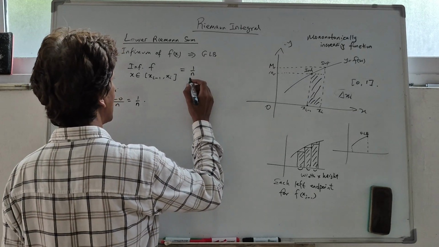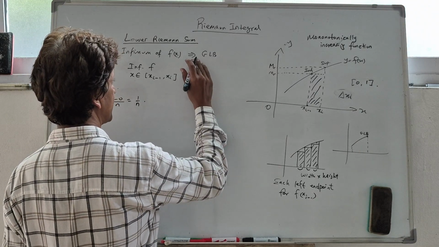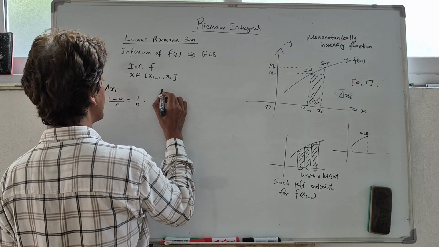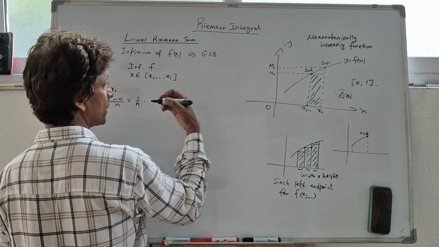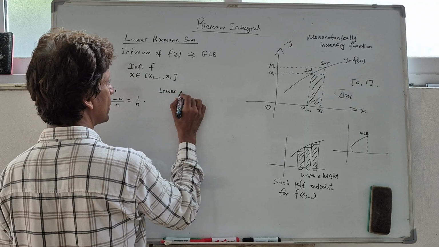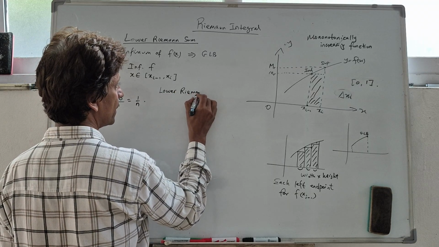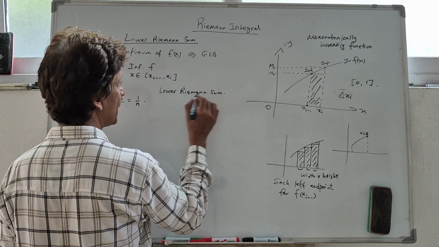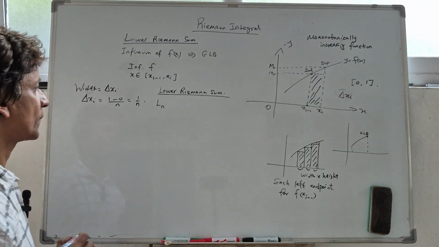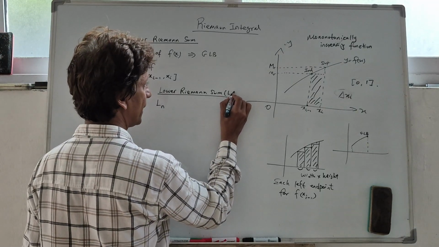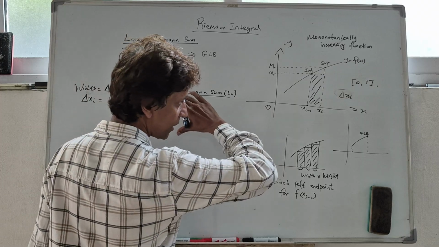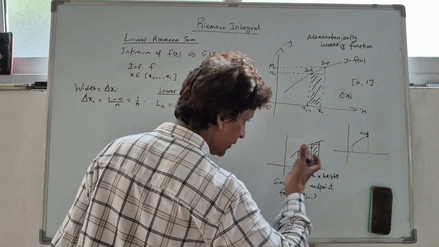So the infimum of f is this, but then what we're going to do now is try and compute the lower Riemann sum. Let me put it as Ln, which is the lower Riemann sum, denoted by Ln. The lower Riemann sum is going to be, like we said, the sum of the areas of all those rectangles below the curve.